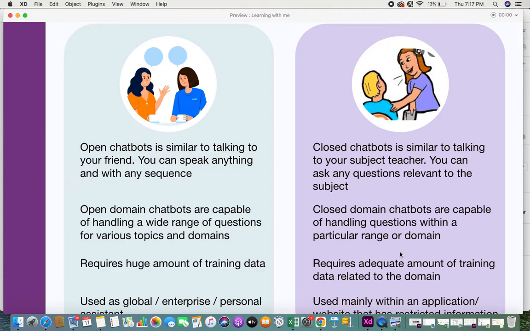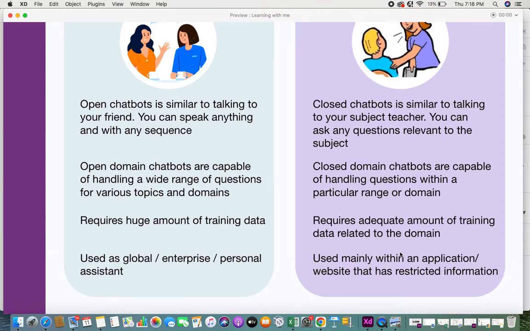Let's say there's an e-commerce website. Whatever questions you ask this e-commerce bot, it is going to respond only based on information relevant to e-commerce. You cannot ask the bot any medical question, or anything irrelevant. The bot's domain of knowledge is closed and limited.